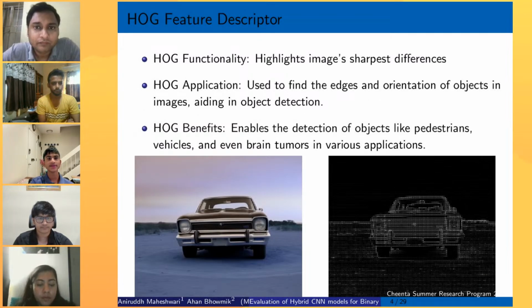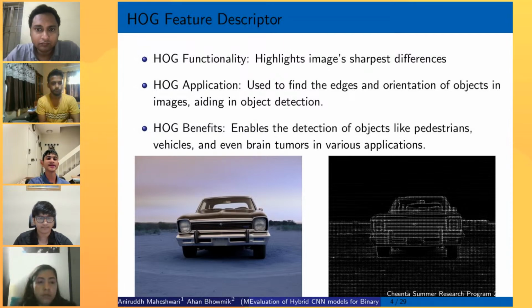So, we have decided to use the HOG feature descriptor because it's really good at finding edges and highlighting the sharpest gradients in an image. Over here, as you can see, there's a car in the foreground and a desert in the background. After converting it using the HOG feature algorithm, we can see that most of the unnecessary detail has been discarded and only the car and its edges are remaining.